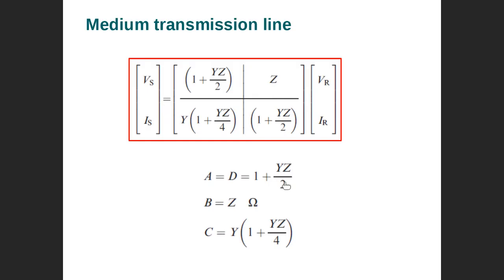Now, we can use these A, B, C, D also with the short transmission line. If we have the admittance of the short transmission line, then we can represent it like this. It will give us more accuracy, but it's insignificant. At the end, you will find maybe 0.1% or so for the short transmission line and maybe 1% or so for the medium transmission line.